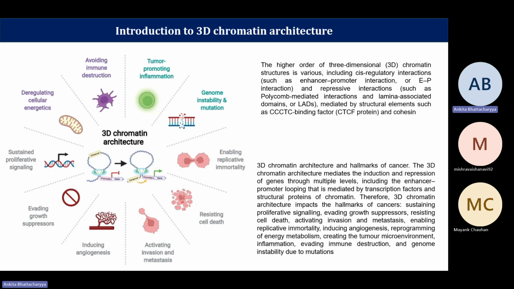But inside the cell within the nucleus, that's not how it actually looks, right? Instead, it is three-dimensional, a very messy-looking structure where you feel like there is no organization.